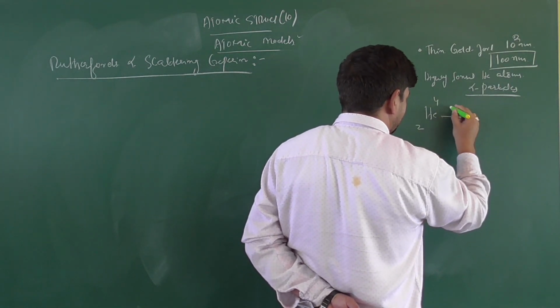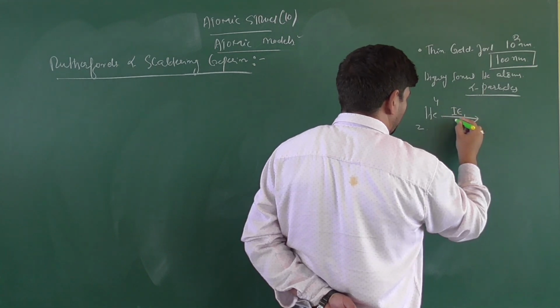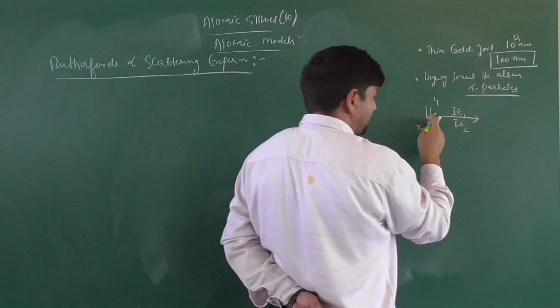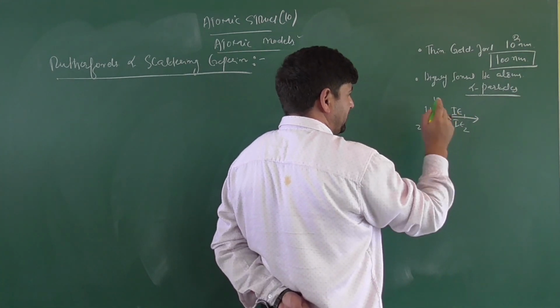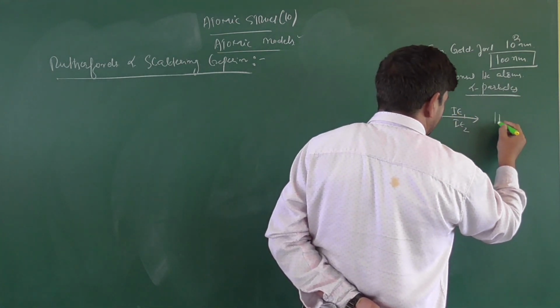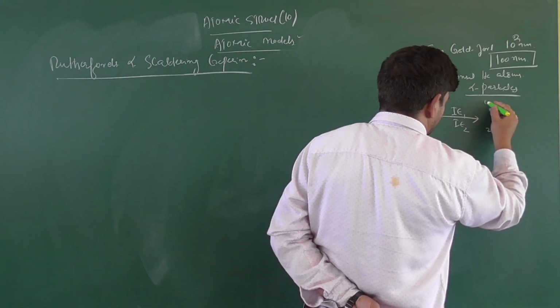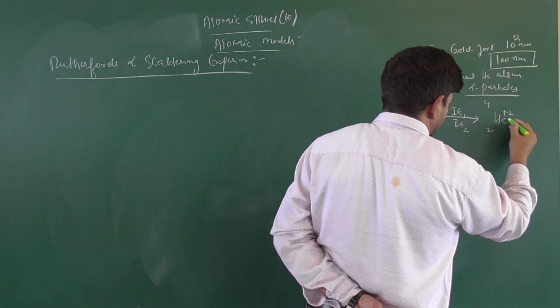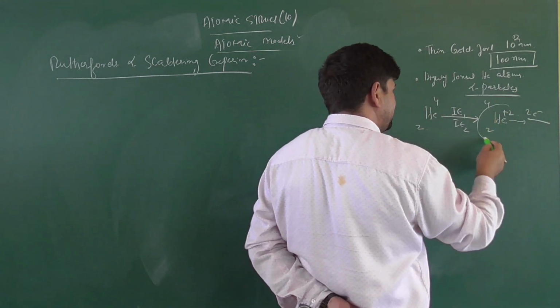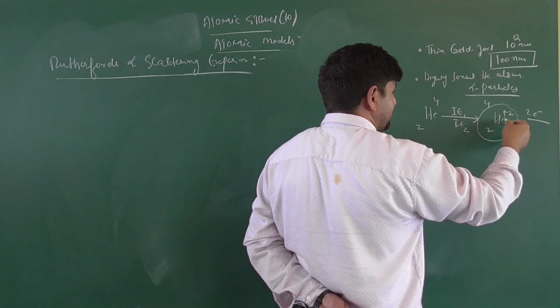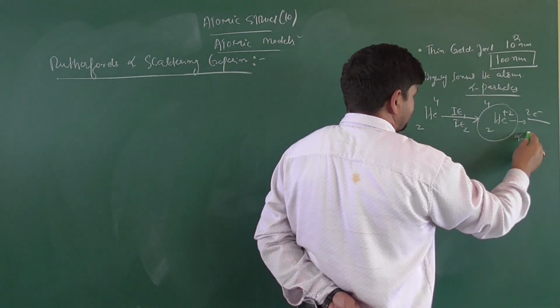When you are ionizing it, ionization energy 1 and ionization energy 2, because you have to remove 2 electrons from helium. So you are giving it 2 energies, IE1 and IE2. So you are getting helium, atomic number 2 and mass number 4 with +2 charge. That means 2 electrons have been lost from it. So this highly charged helium nucleus is called an alpha particle.